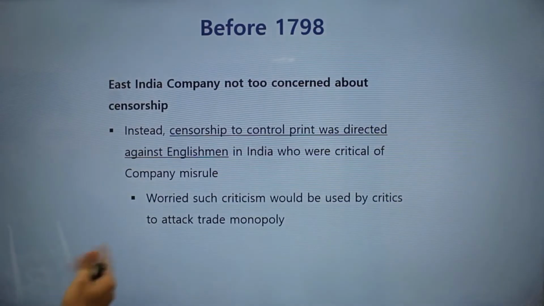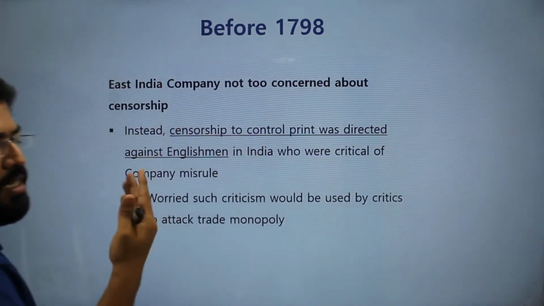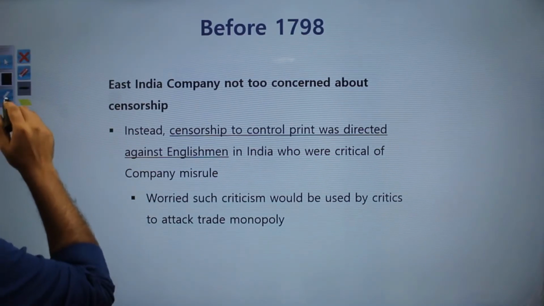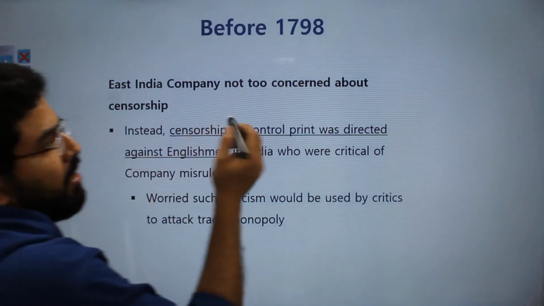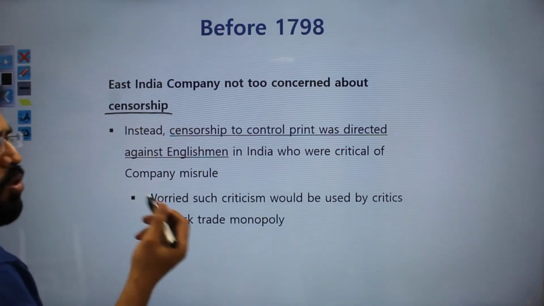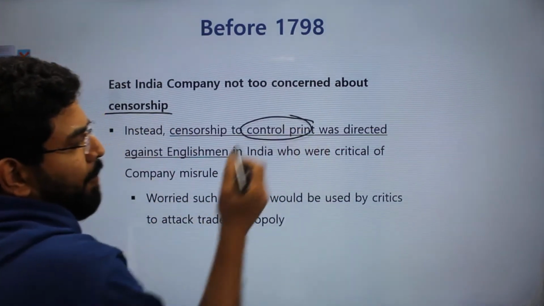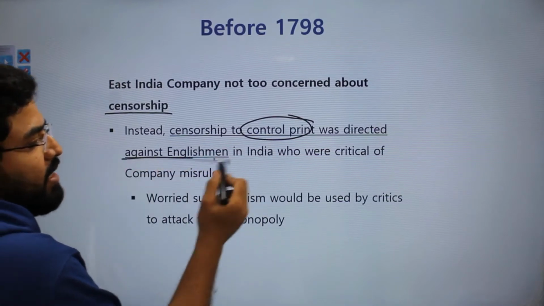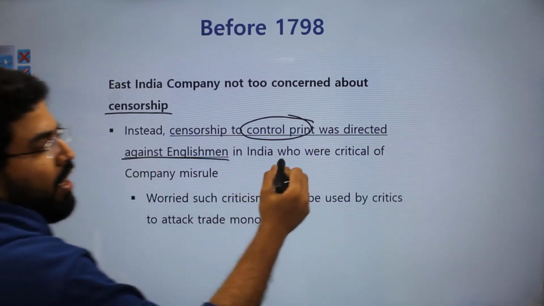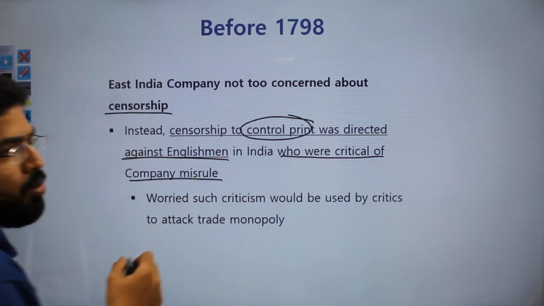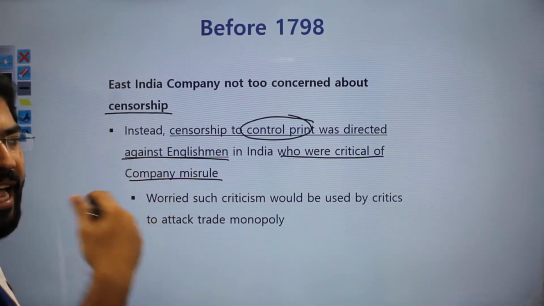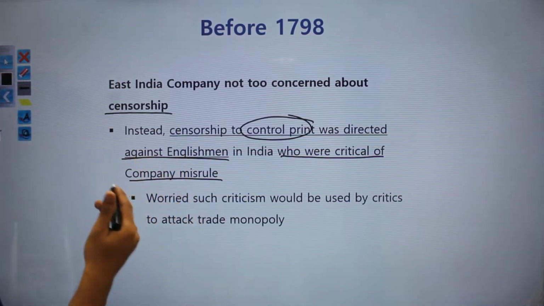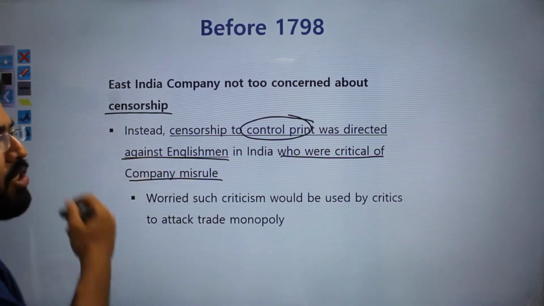Now, before the 1800s, the English East India Company wasn't too concerned with censorship. So they didn't try to control the print. Instead, their censorship was directed against the Englishmen in India who were critical of the company's misrule. It was not against vernacular prints, it was more against the Englishmen who had been critical of the English rule.